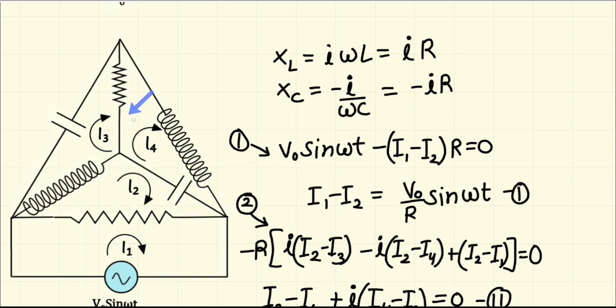So in all of these four loops that we have formed here, the first loop is for this, the second loop is for this triangle here, this closed loop, the third loop is for this triangle here, and the fourth loop of course is for this triangle here, right?